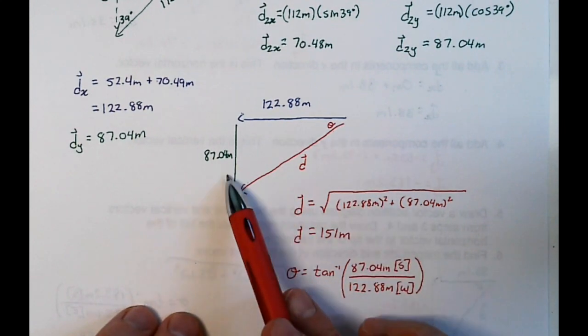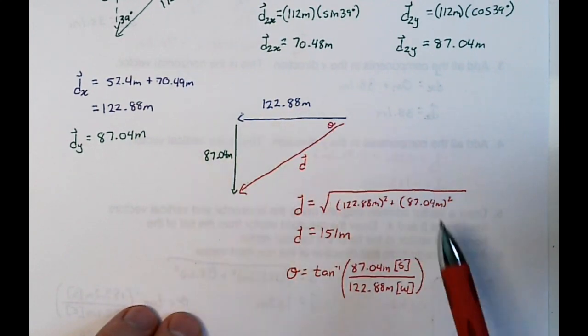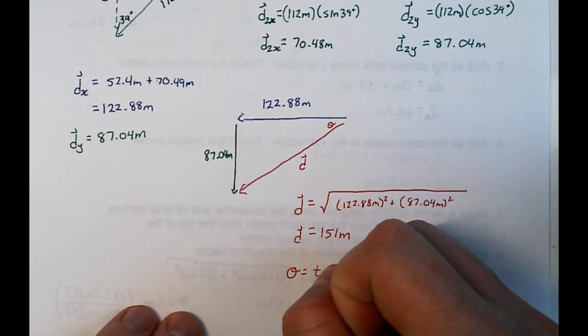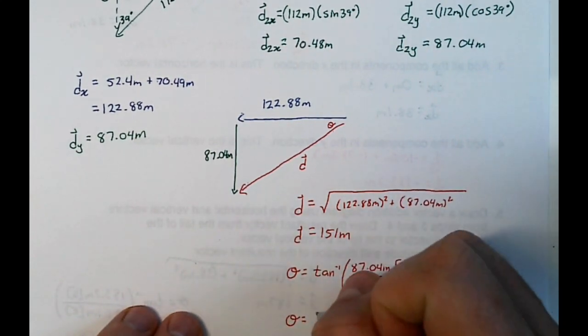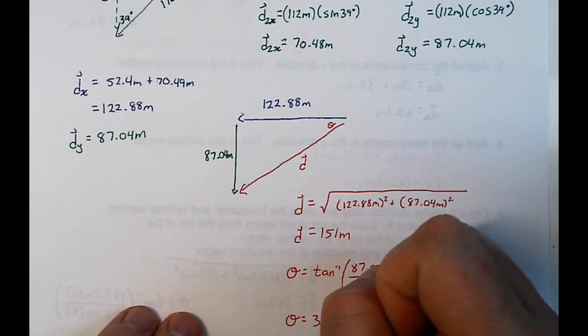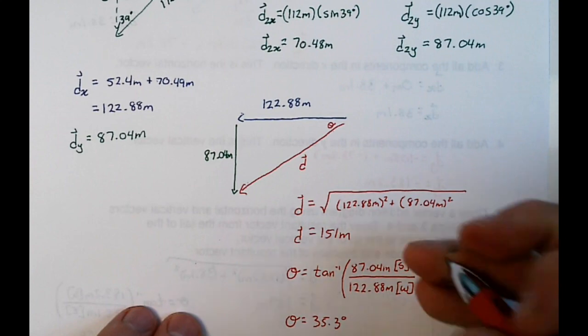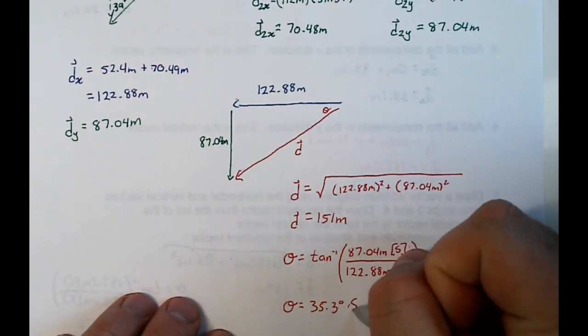Remember, opposite over adjacent. When you calculate, you are going to get an answer of 35.3 degrees south of west.